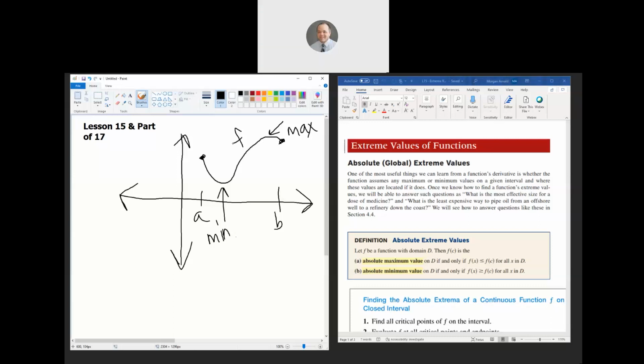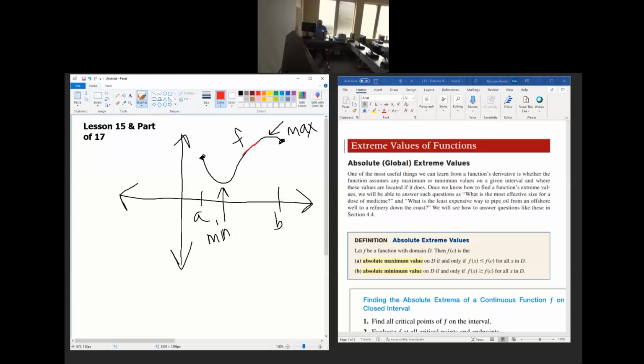In other words, here's f of c at the very top, and here's f of x, which is below. So if f of x, so the curve, is below this f of c, then we have an absolute or global maximum point.